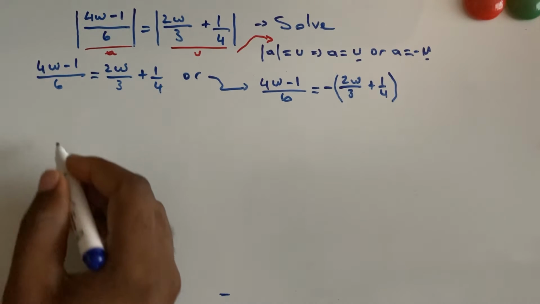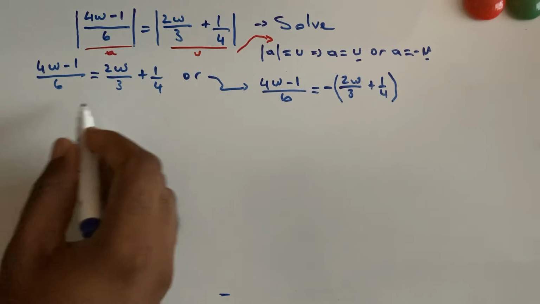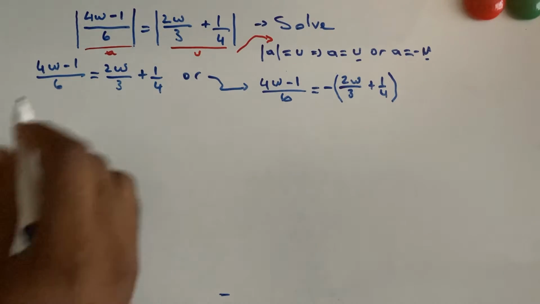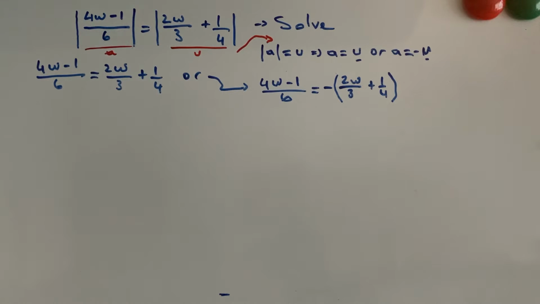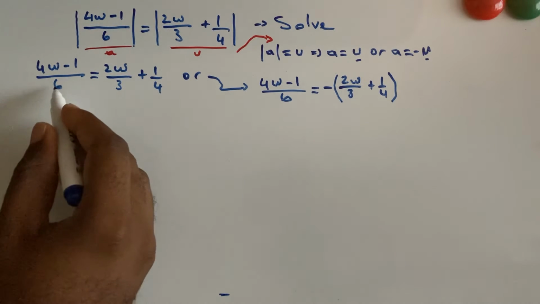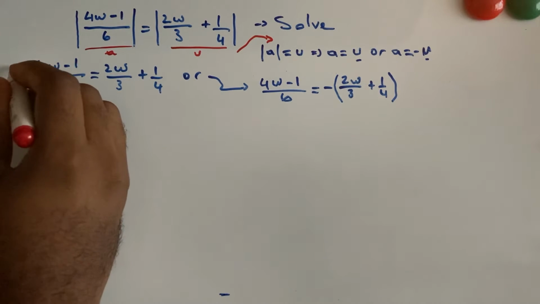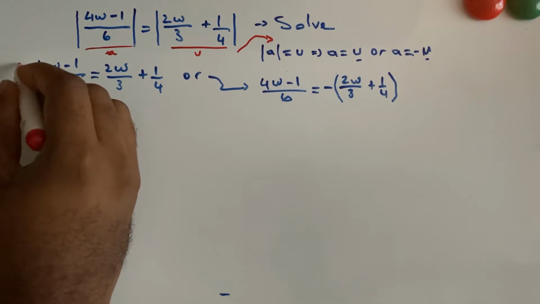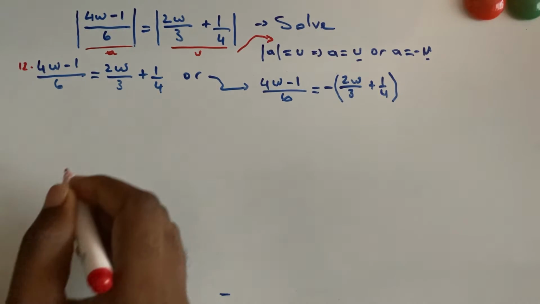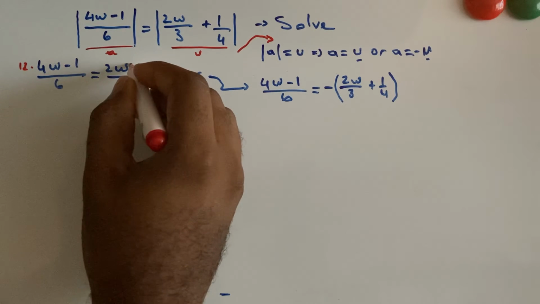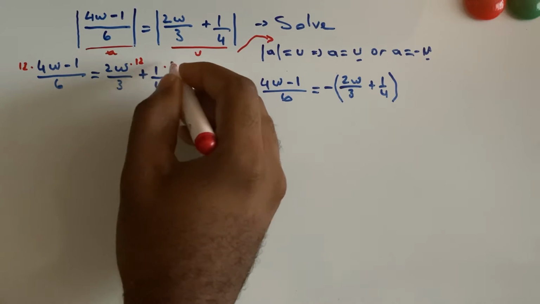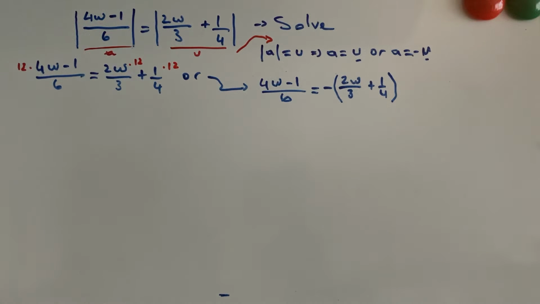So for the first one here, I have a rational equation now, so I can just multiply both sides by the LCD. In this case here, we have 6, 3, 4. The LCD will be 12, so I can multiply everything by 12, right? So I'm multiplying all terms by 12, this one by 12, and this also by 12, okay?